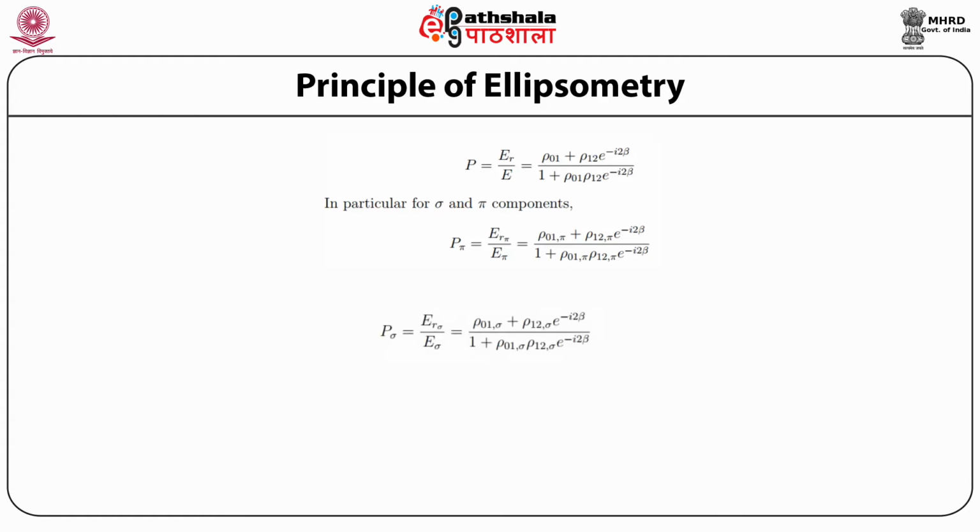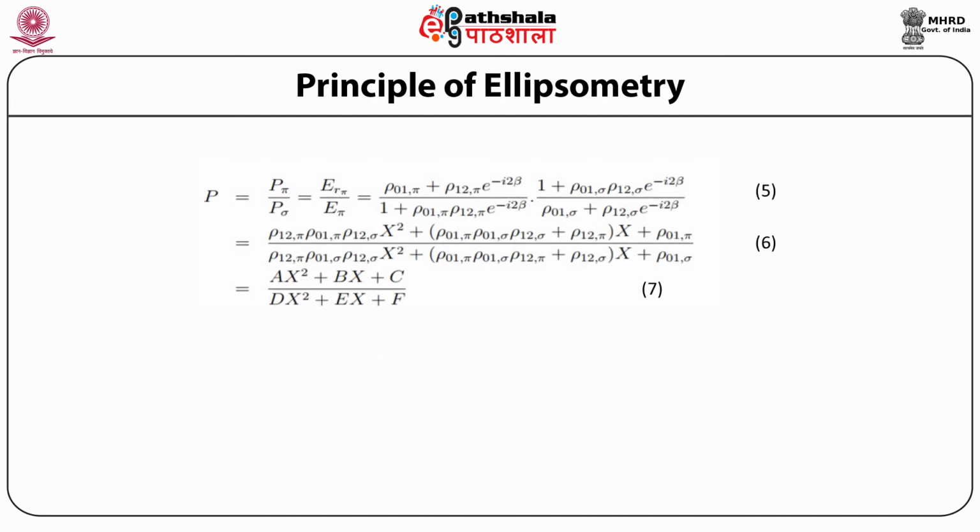P sigma is equal to ER sigma by E sigma, and it equals ρ01 sigma plus ρ12 sigma into e raised to power minus iota into 2 beta divided by 1 plus ρ01 sigma into ρ12 sigma into e raised to power minus iota into 2 beta.